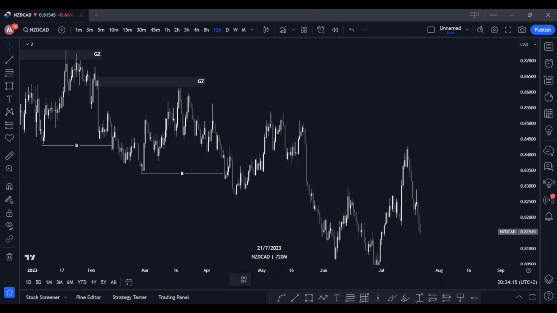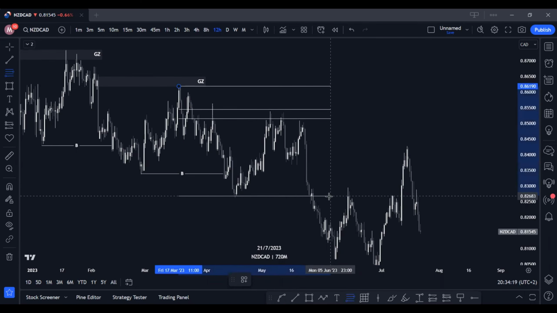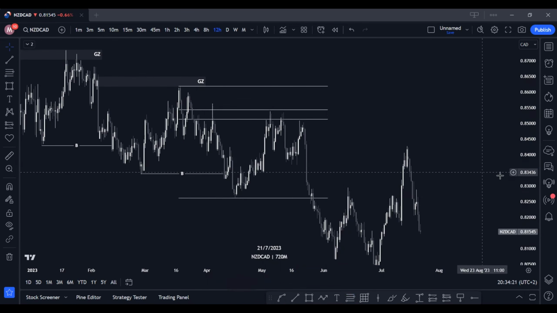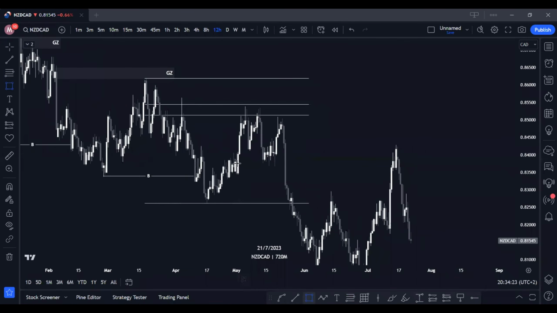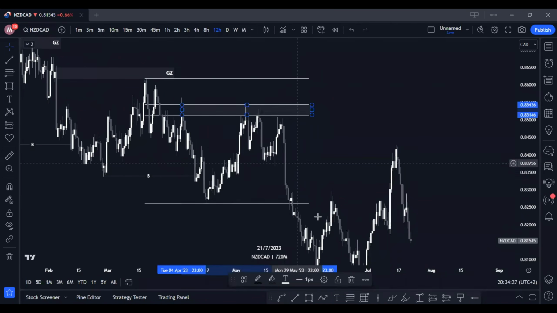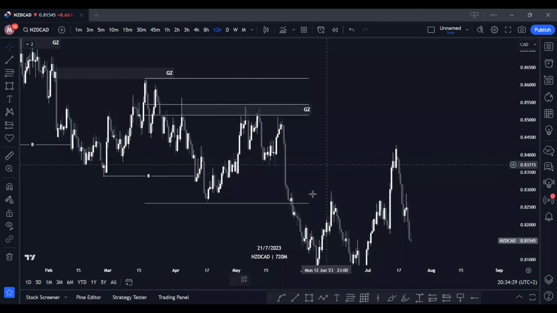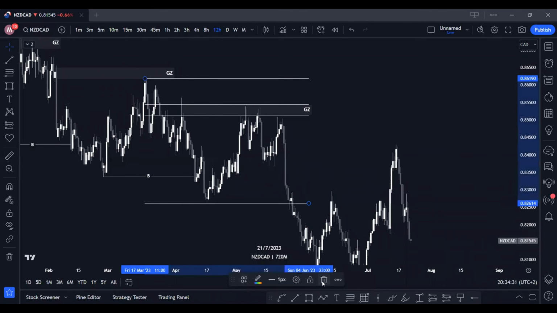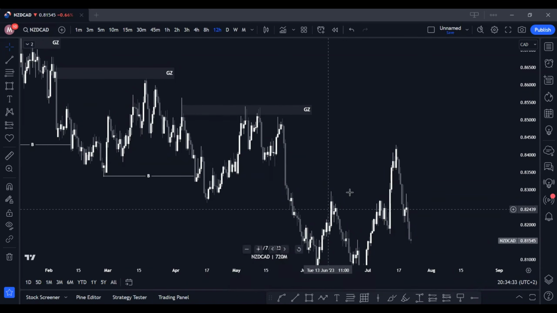Okay, so you take your golden zone level again and you place it here. And as you can see, that highlights a place whereby the market turned from. Okay, so this is going to be a golden zone. And as you can see, there price tapped us into a golden zone and pushed to the downside.